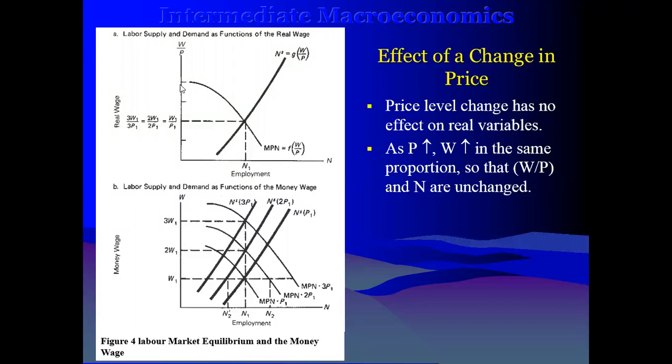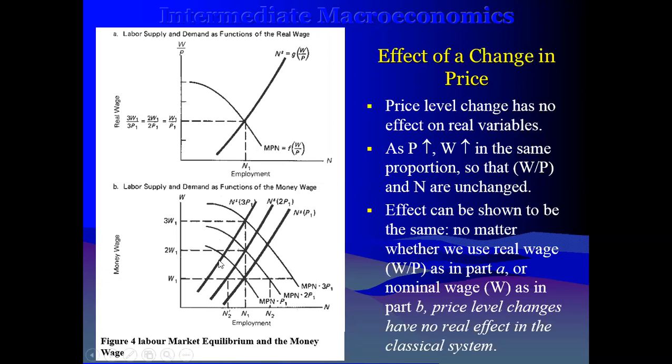Right, so this is the case for the real wage. Now let's look at the case where we take the demand function as a function of nominal wage. Please follow. We are starting from here, where the cursor is.